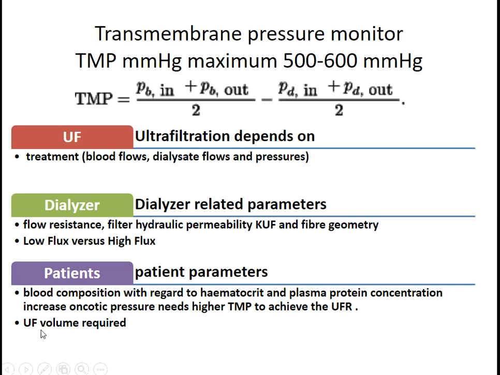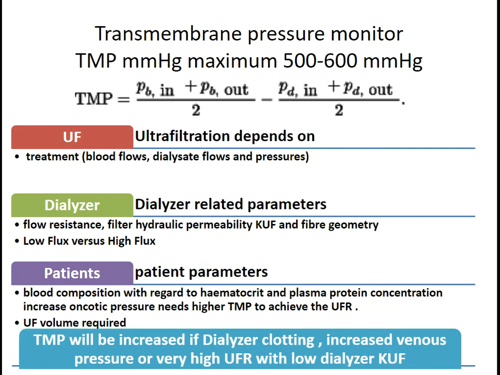As well, how much ultrafiltration volume is required for each patient. Transmembrane pressure will be increased if dialyzer clotting happens, an increase in the venous pressure, or if a very high ultrafiltration rate is required with a low dialyzer KUF.